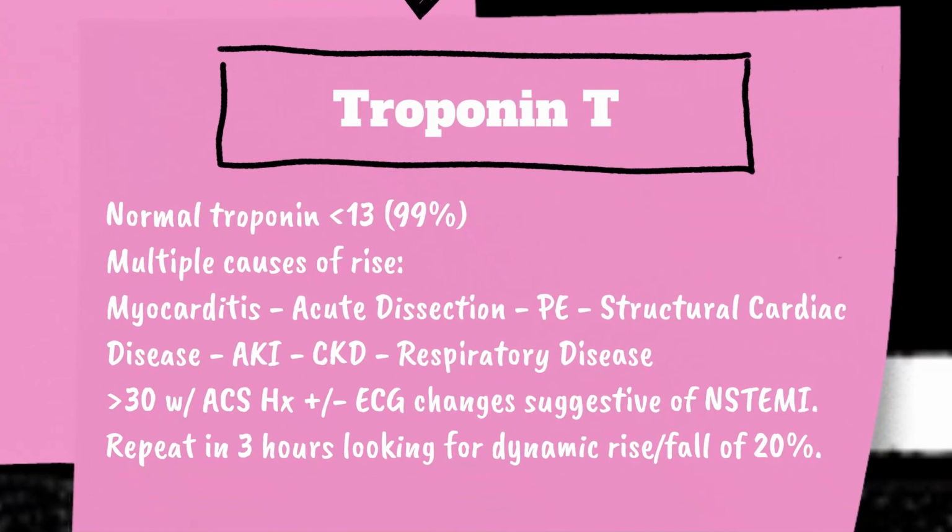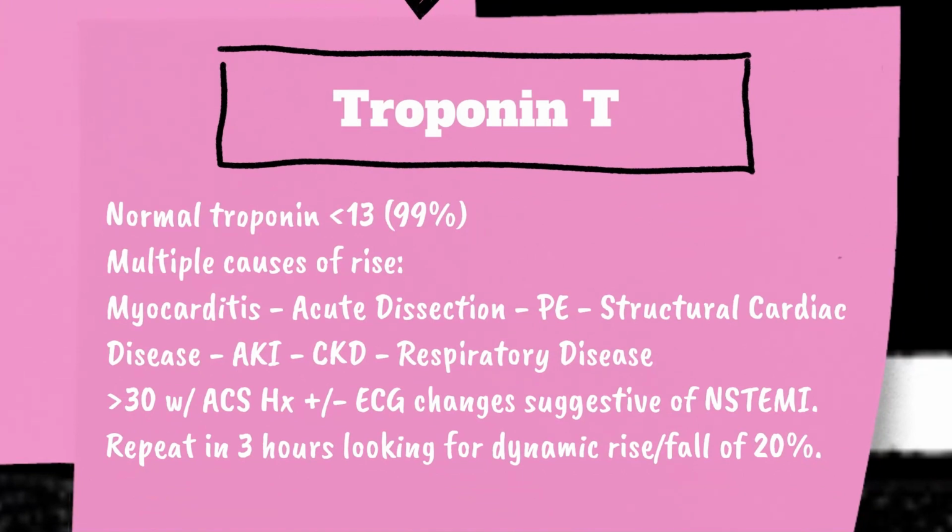So normal value of troponin T is less than 13, and this is seen in 99% of the population. A raised troponin can be caused by multiple different acute diseases, including myocarditis, aortic dissection, acute PEs, structural cardiac disease, and AKIs.